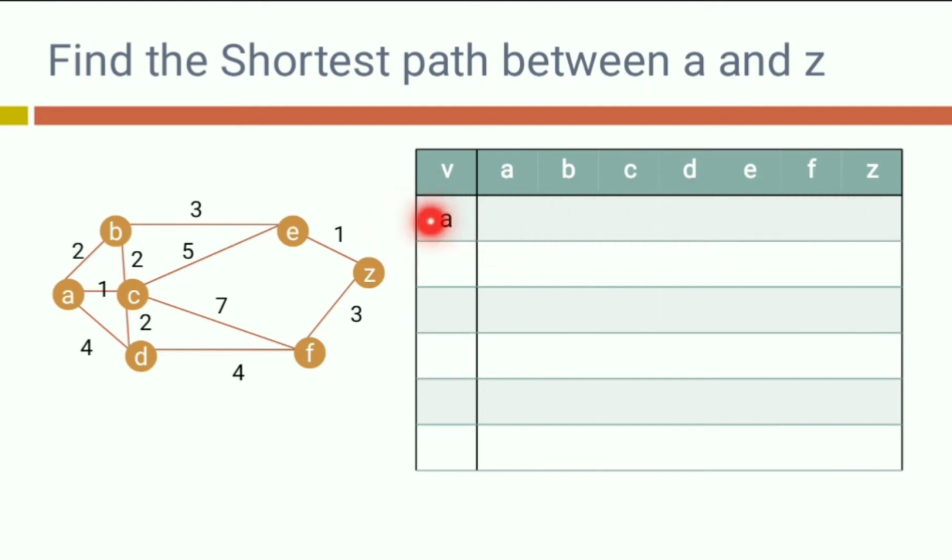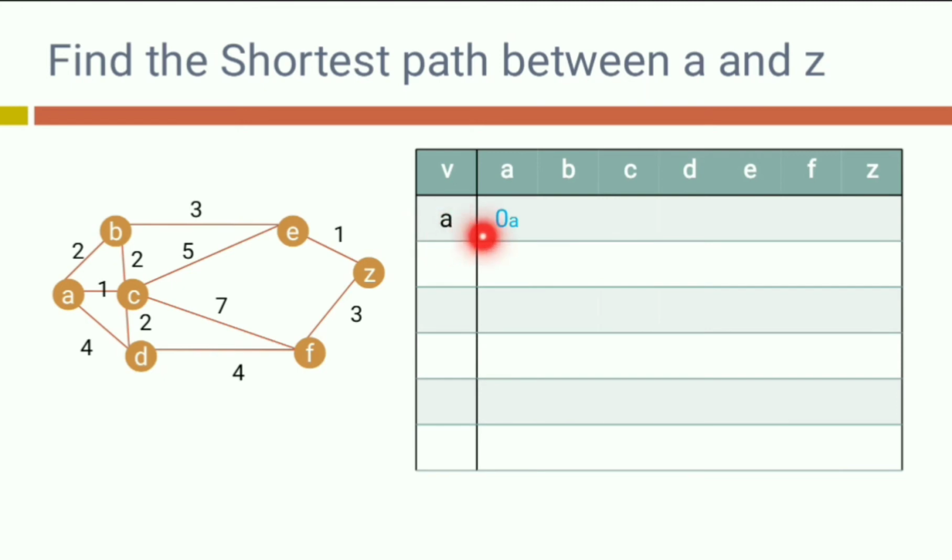The distance of A from A is 0, so it is 0 here. The subscript represents the source from which we are measuring the distance, so A to A is 0.